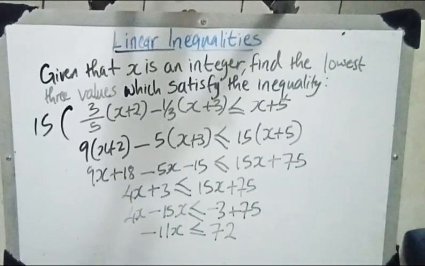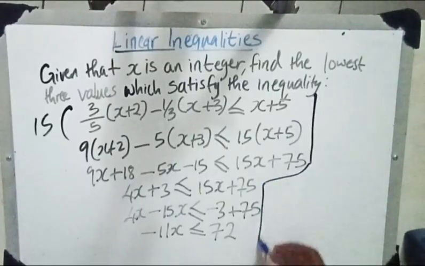Now at this point, I want to pause and let you know a fundamental fact and something you must never forget when solving inequalities, and that is, whenever you have to divide both sides by a negative sign, then the inequality will switch to the opposite. And so in this case, we are dividing both sides by negative 11.